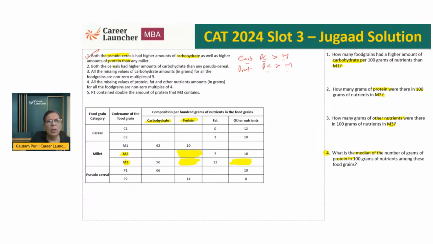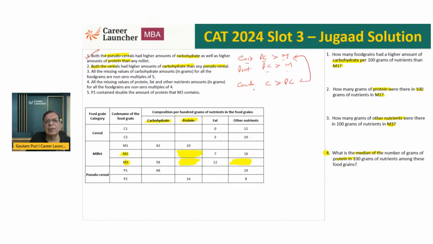What is statement 2 telling me? Both the cereals had higher amount of carbohydrate than pseudo cereals. So as far as carbohydrates are concerned, cereals have more carbohydrate than pseudo cereals. Can we combine these two?